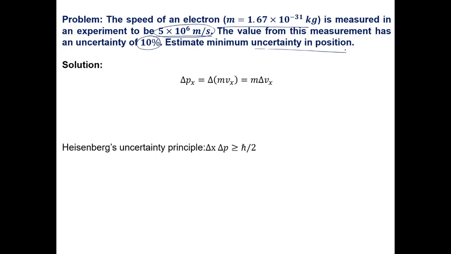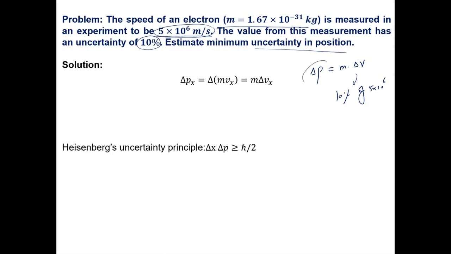Again, the same formula. We calculate the delta P, and delta P is nothing but mass times delta V, and delta V is basically 10% of the value given, which is 5 into 10 power 6 meter per second.